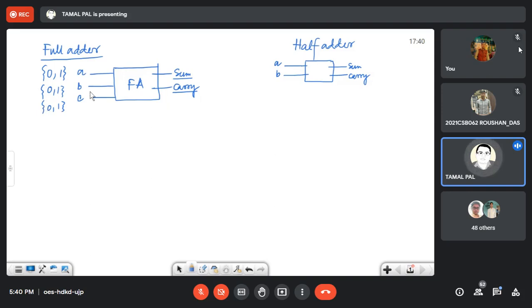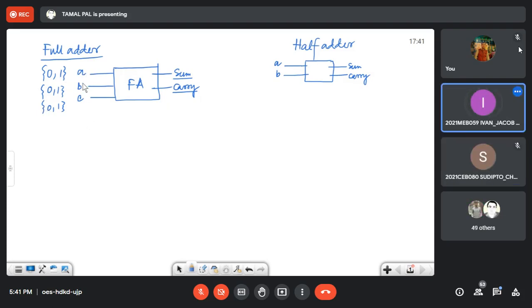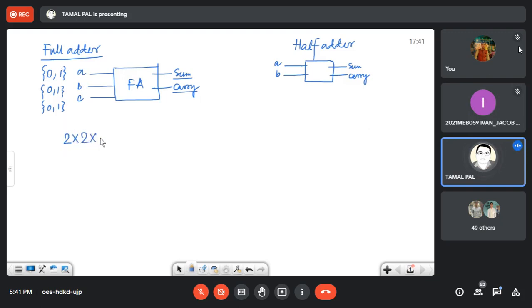Now, how many permutations do you expect at the input side? 8, sir. It is 2 because we have two options here, then 2, then 2. Then it is 2 to the power 3, or 8.